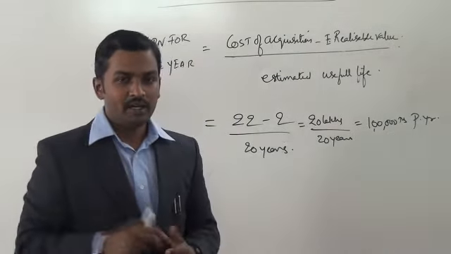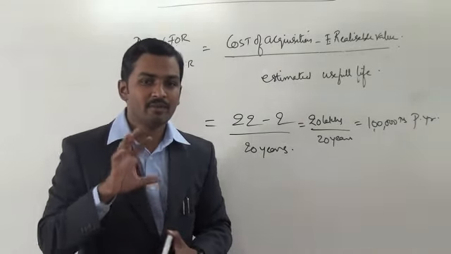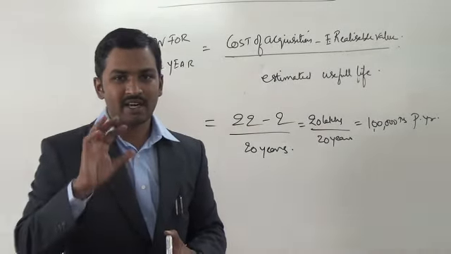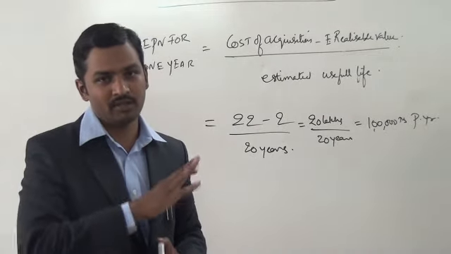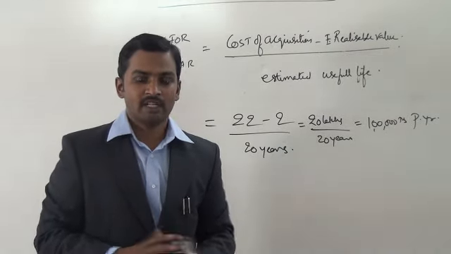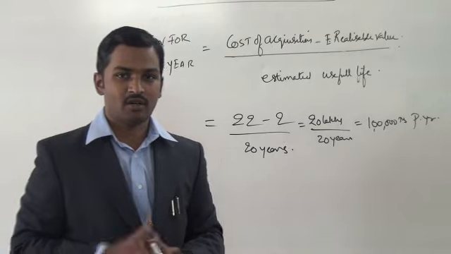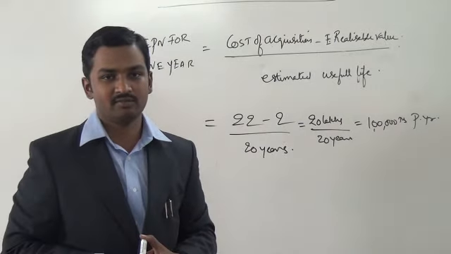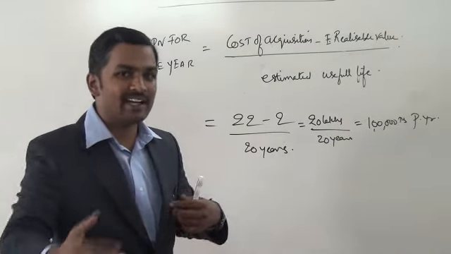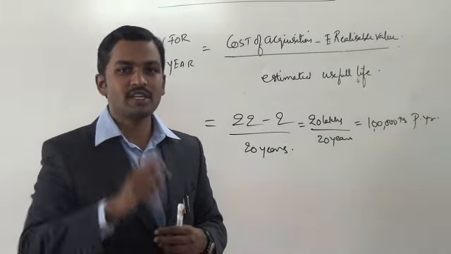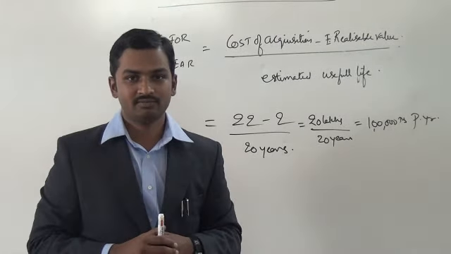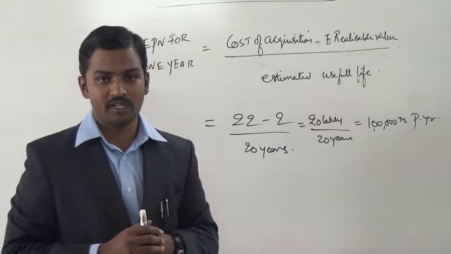Let us say in a particular year, we have been able to use the asset only for a period of 9 months. Let us say the building was purchased on 1st April, not on 1st January. And during the calendar year, we have used the asset only for 9 months. Then how are you going to charge depreciation?